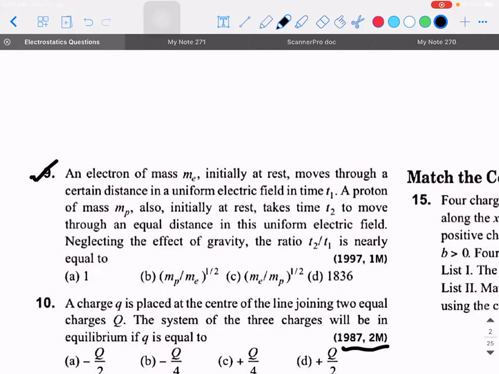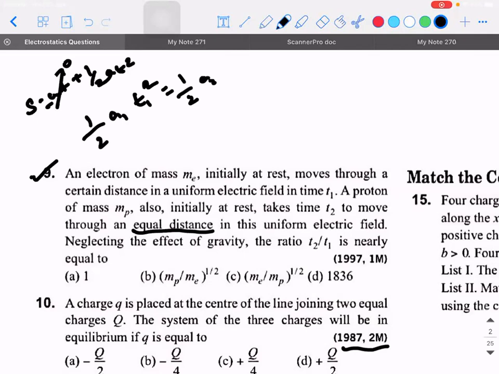So the important point that is given is they travel through the same distance. So S is equal to UT plus half AT square. So S is the same. U is 0. So half A1 T1 square is equal to half A2 T2 square. So they're asking T2 by T1. So T2 by T1 is equal to root of A1 by A2.